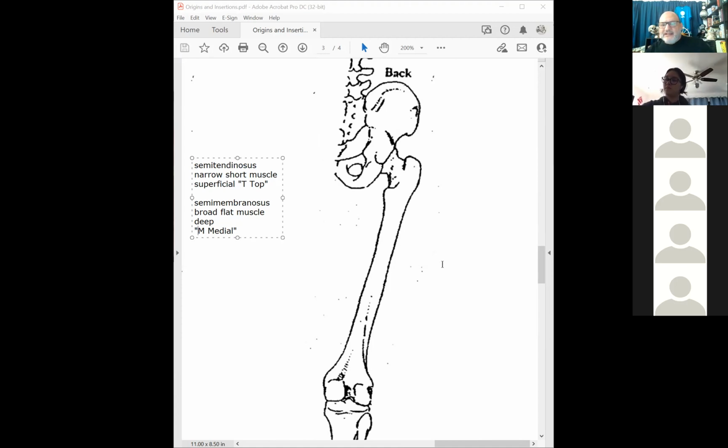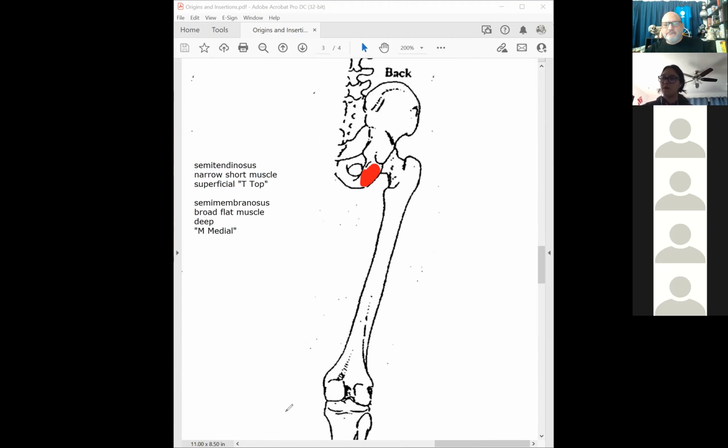Now, let's draw the origin of the semitendinosus. What is the origin of the semitendinosus? The ischial tuberosity, right? Notice it's sharing an origin with the biceps femoris, which is required for a muscle group. And what is its insertion?